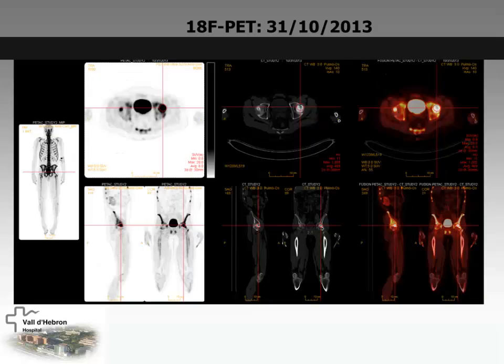And here again you have the whole body and the hip, the femoral head images, and you can see on the axial images that the left femoral head is much better than the right one.